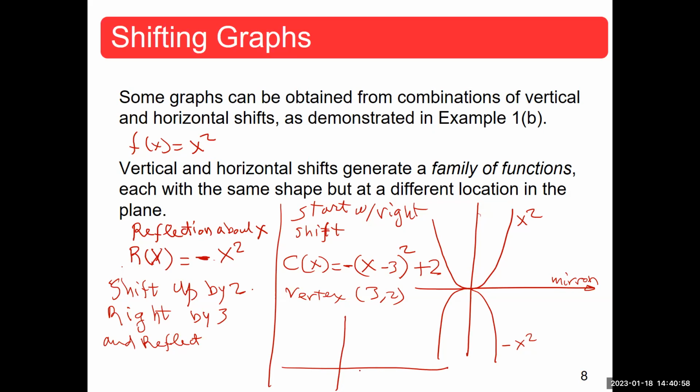So if I say 1, 2, and 3, and 1 and 2, that's the new location of the vertex, 3 and 2. So we moved from here. But remember, we are having reflections. So we're going to write it down this way. That is the new function: negative x minus 3 squared plus 2. So we combined all moves.